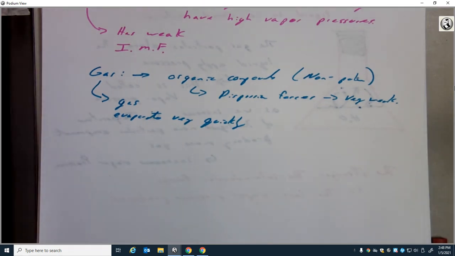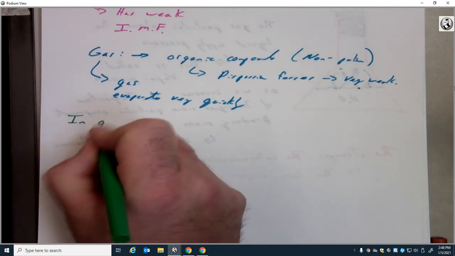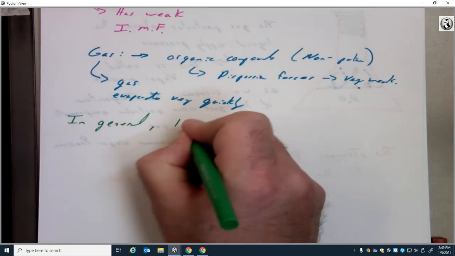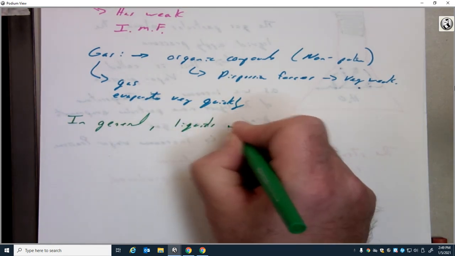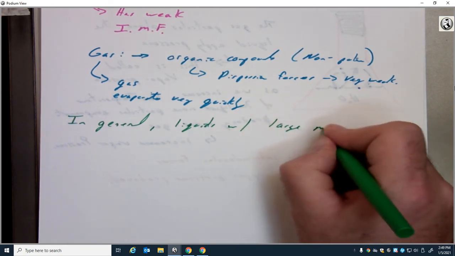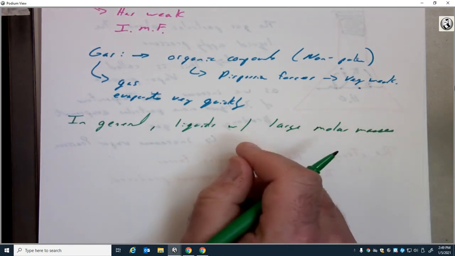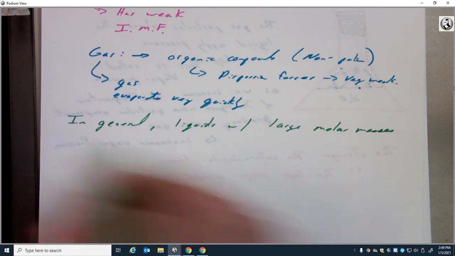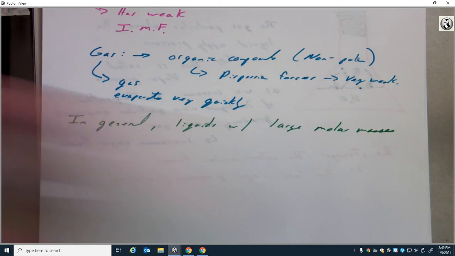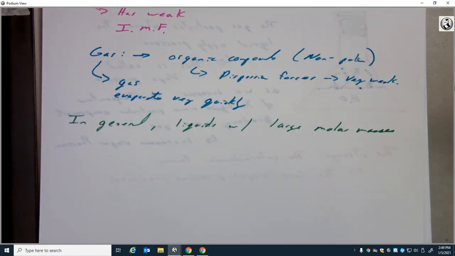All right. So in general, liquids with large molar masses will have lower vapor pressures.